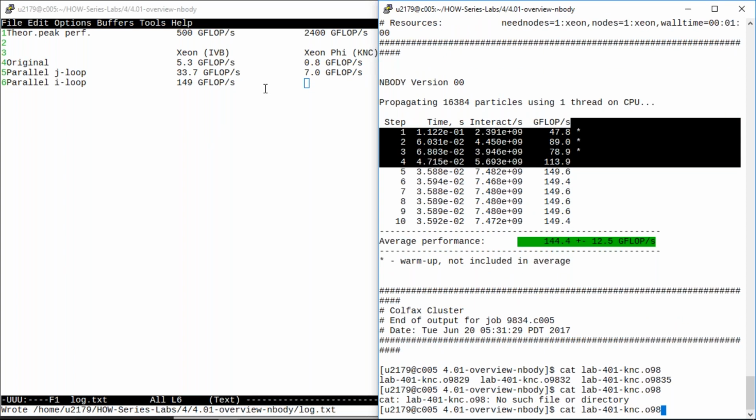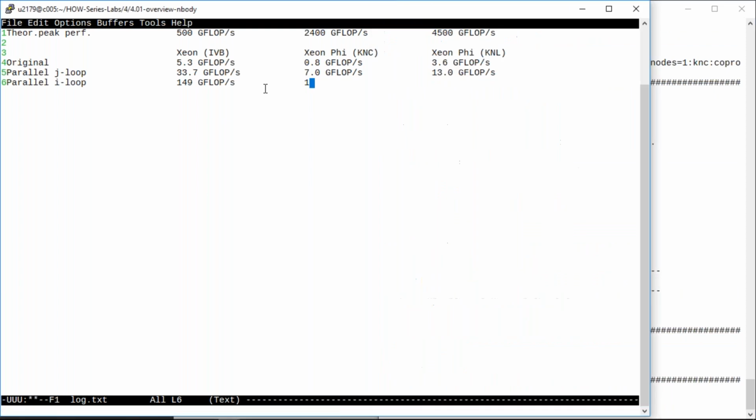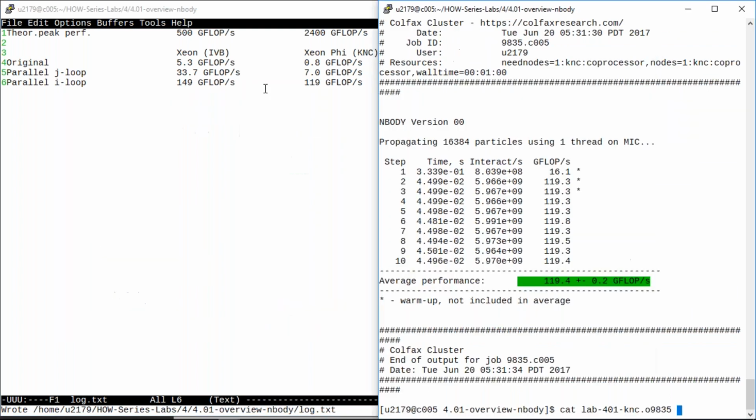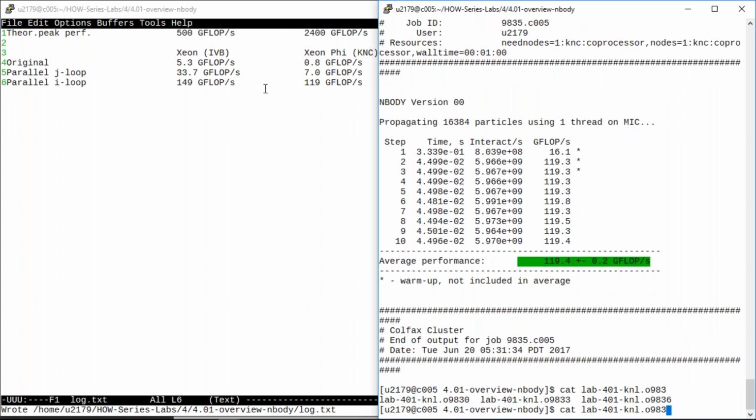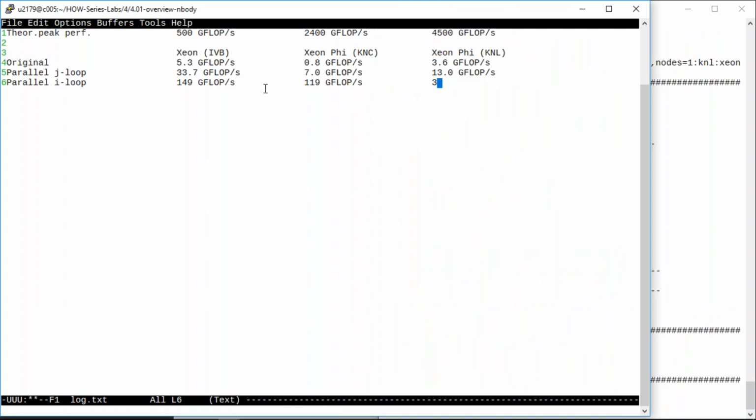This is 119. Not bad for just moving one directive to a different line. Of course, this is not a difficult code to parallelize, but you can see that the choice of your parallel strategy can have a huge effect on performance.